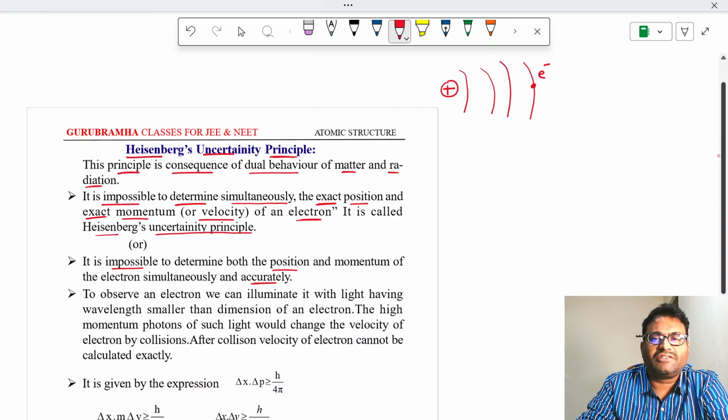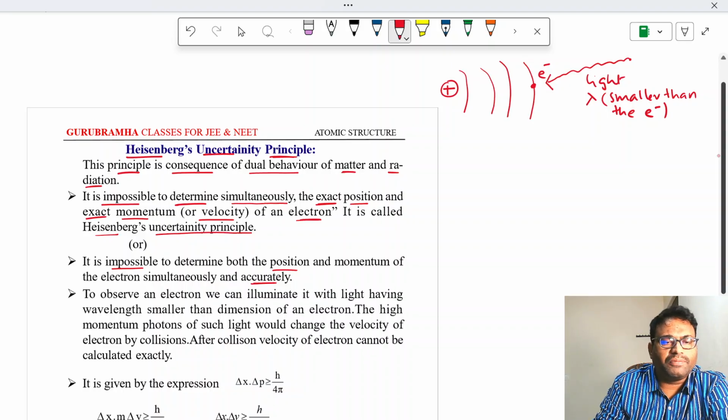Considering the electron as a point, if we want to measure it, we are focusing light on it, illuminating light on it. This light has a wavelength smaller than the electron.